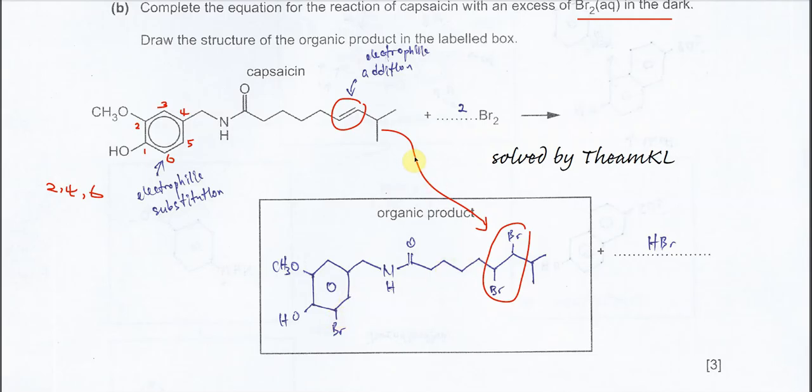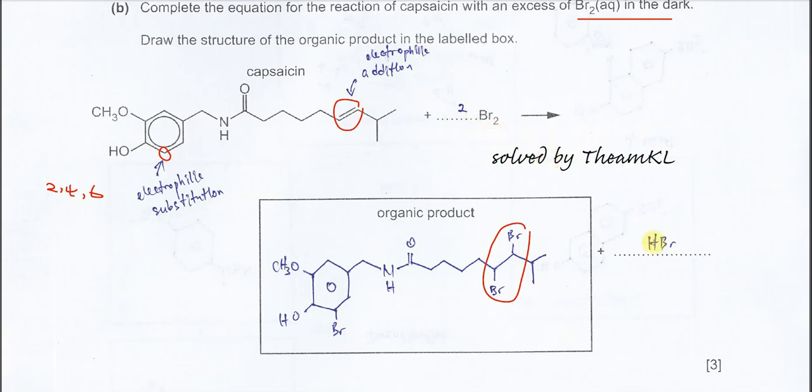So now we know that it's going to involve 3 bromine: here 1 bromine, here 1 bromine, and here 1 bromine. So it needs 3 bromine for the reaction, and of course it needs to use 2 bromine molecules.